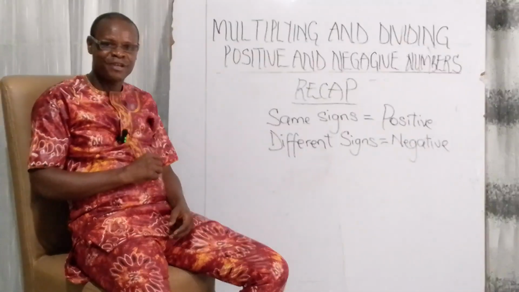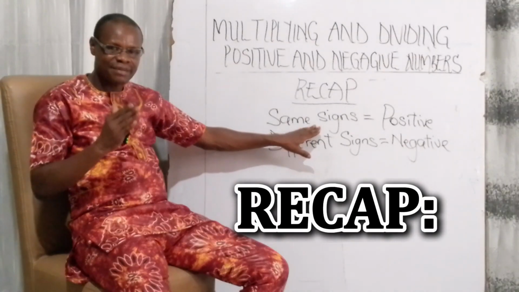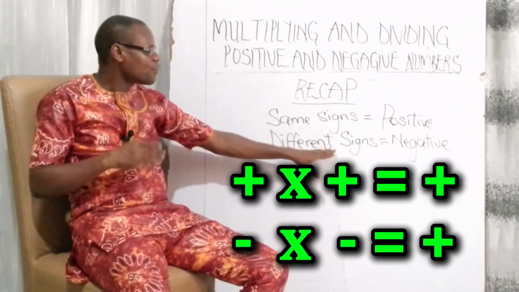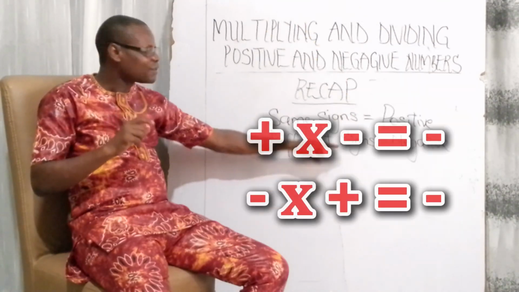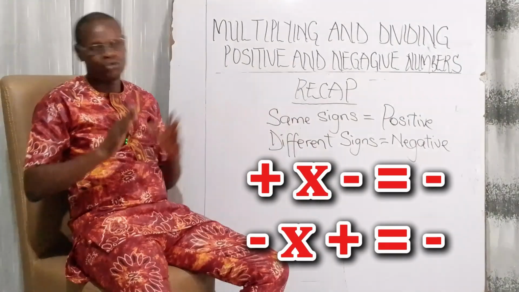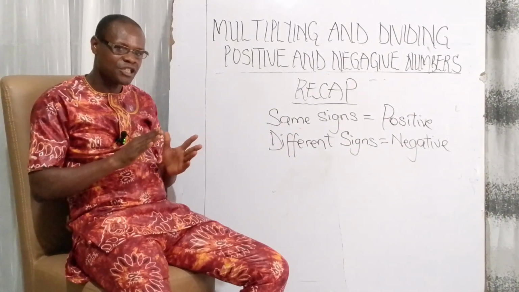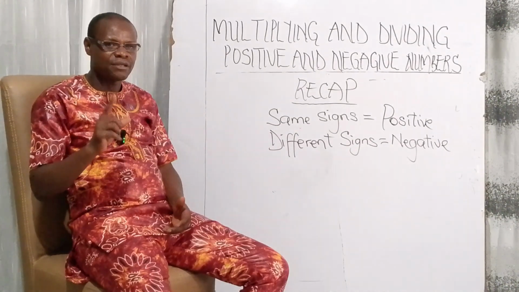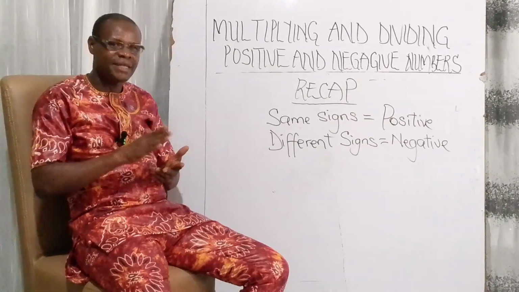Now let's take a quick recap. When we are multiplying numbers with the same signs, our answer becomes positive. When we are multiplying numbers with different signs, our answer becomes negative. And don't forget that this rule is applicable to both multiplication and division. And I also need to tell you that this rule is going to work for any number of any size.